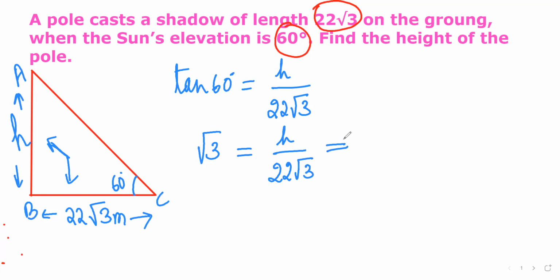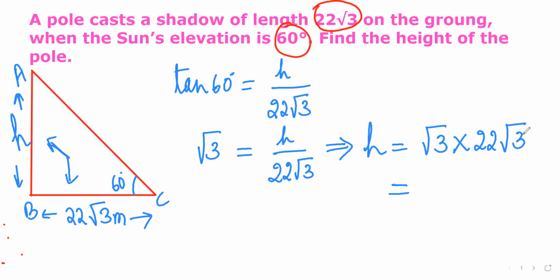Now further, h equals √3 into 22√3. The √3 into √3 will become √3 squared, so the square and root will get cancelled.